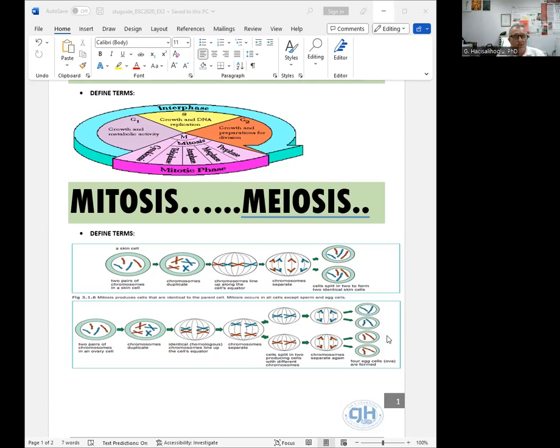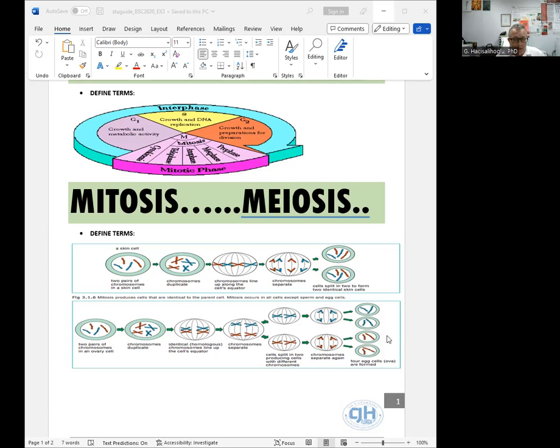So just to recap, mitosis, meiosis, and the cell cycle are the three topics in these two chapters. They are in this module, and they will be covered in the coming exam.